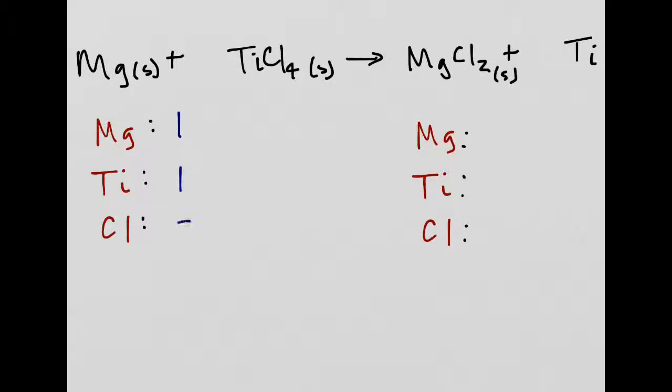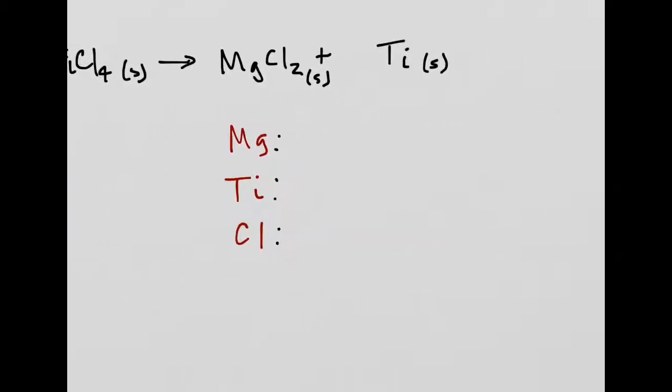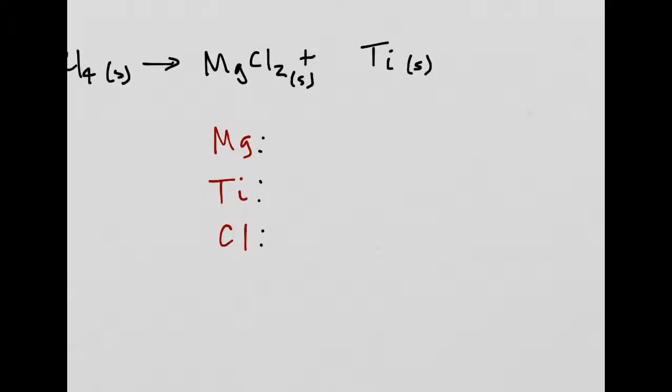Then we shift our attention over to here. We have magnesium, just 1, titanium, just 1, and then we have 2 chlorines.